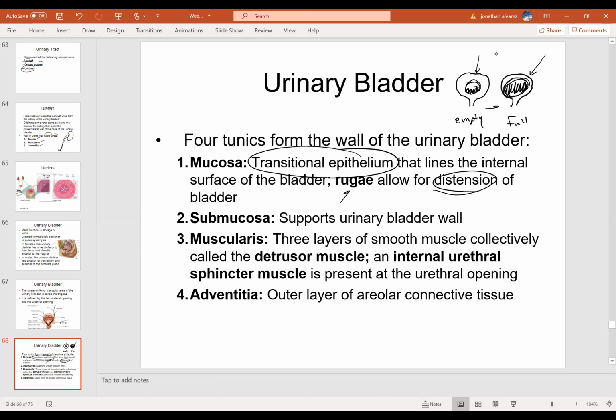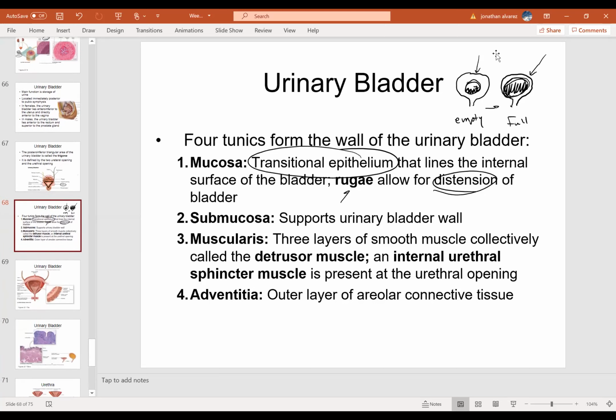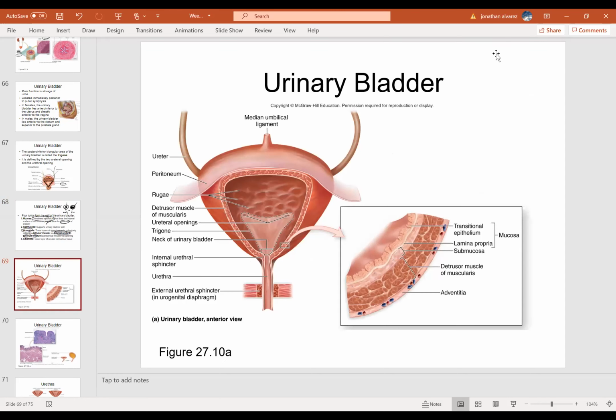Okay, and then what helps us control that is the smooth muscle and the sphincters. Okay, so the muscularis, you have the internal urethral sphincter muscle, and then you have the external urethral sphincter.